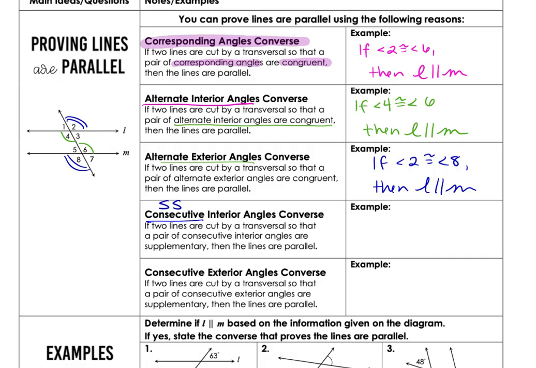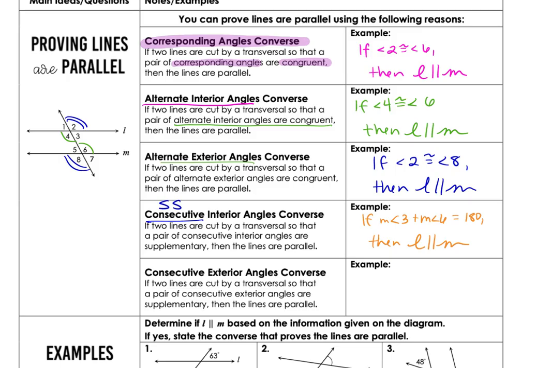For this one, can you give me a pair of same side interior angles? 4 and 5 or 3 and 6. If the measure of angle 3 plus the measure of angle 6 equals 180, then what? Then they're parallel.